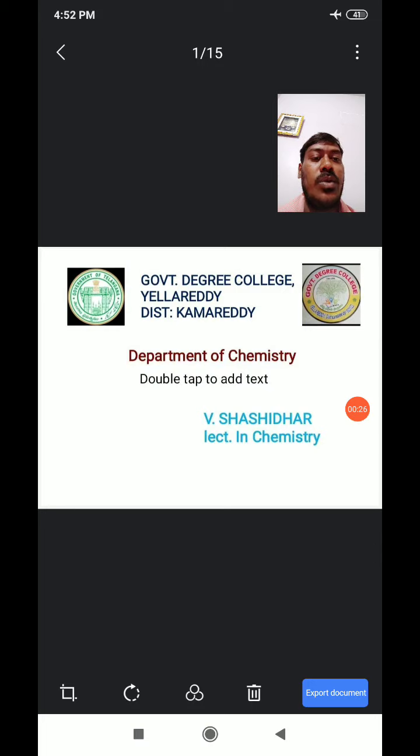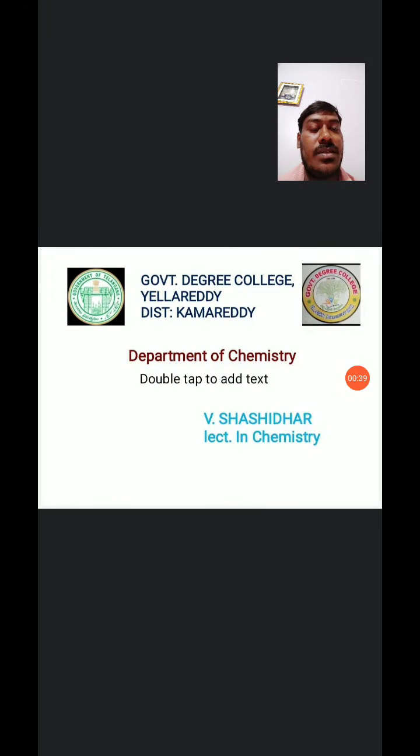Here, two types of catalyst are there: homogeneous catalysis and heterogeneous catalysis, and then the enzymatic catalysis process.